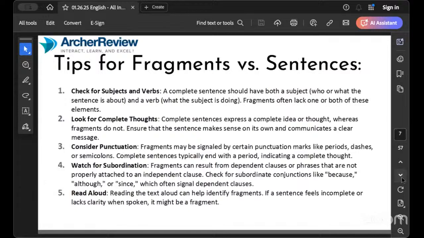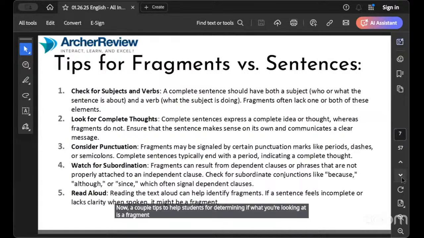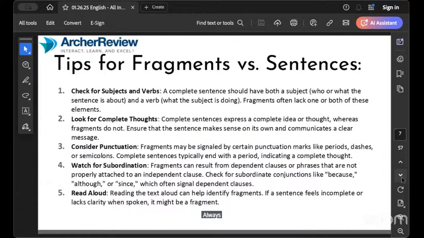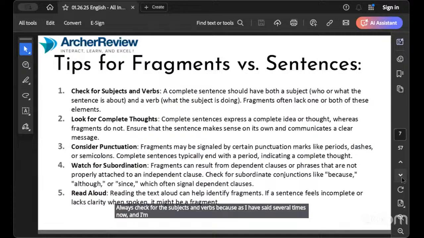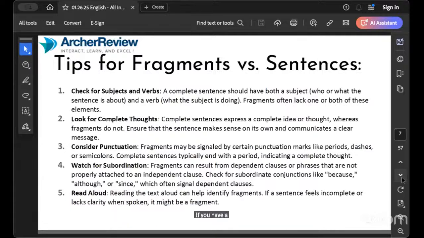Now, a couple of tips to help determine if what you're looking at is a fragment versus a complete sentence. Always check for the subject and verb because, as I have said several times now, and I'm going to keep drilling it into your head, if you have a complete sentence, you must have that subject and that verb.